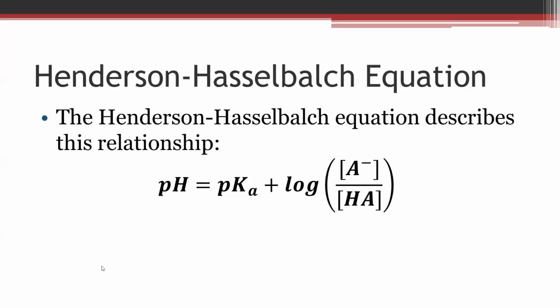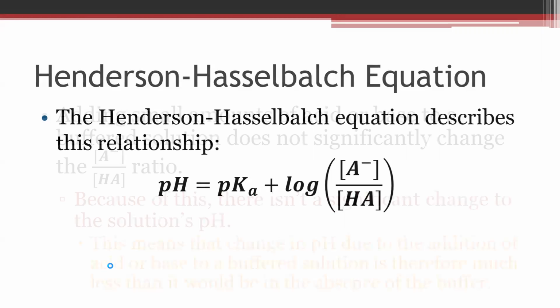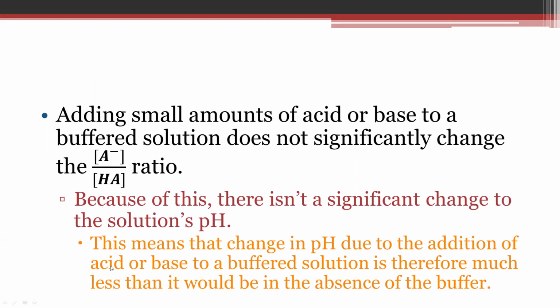The Henderson-Hasselbalch equation describes this relationship and uses the ratio of the conjugate base concentration to the acid concentration as a correction or an addition to the pKa in order for you to find the pH value. Just notice what goes on top in that log function. When we use this relationship, adding small amounts of acid or base to the buffered solution will not significantly change the ratio of the concentrations.